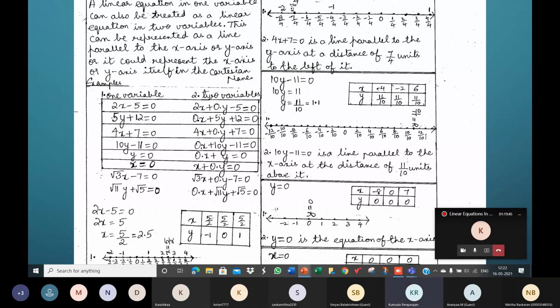What about 2.5 comma 0? Where does it lie? First, ma'am.